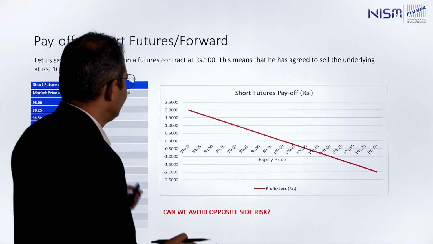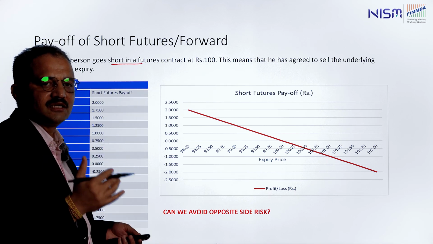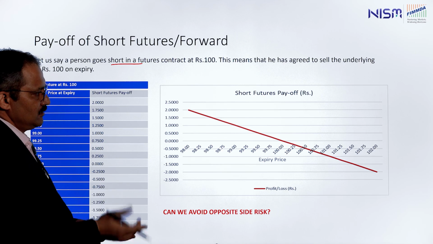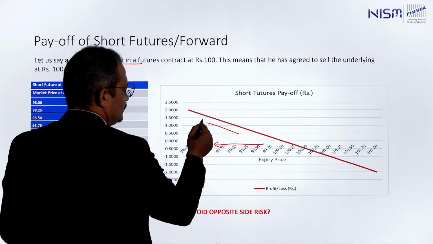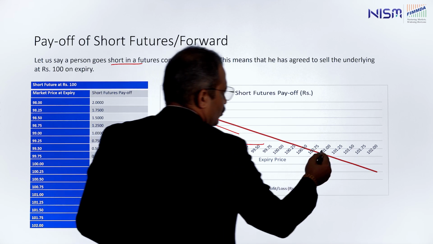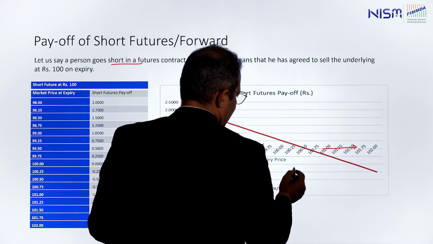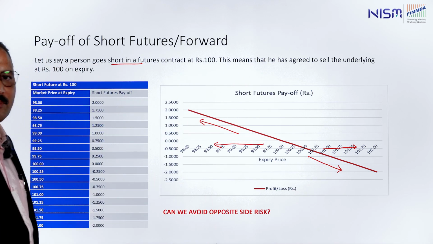In case of short, if you are going short on a bond, you are thinking that the interest rate will go up and the price will come down. If the price actually comes down, you are making a profit, and if the interest rate goes down and the price increases, then you are making a loss. So it is linear. Again, there is an opposite side risk.